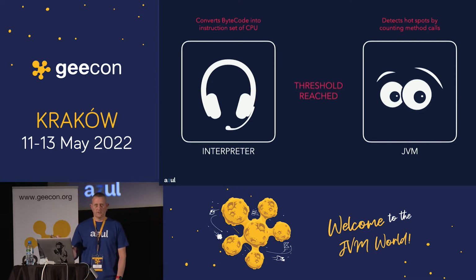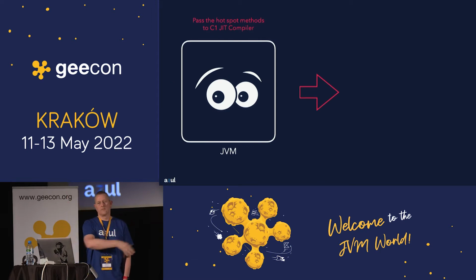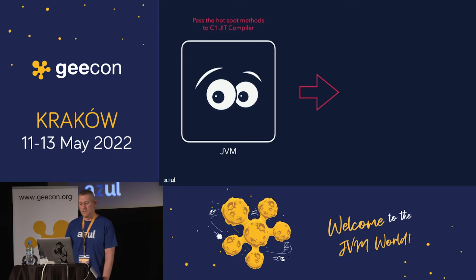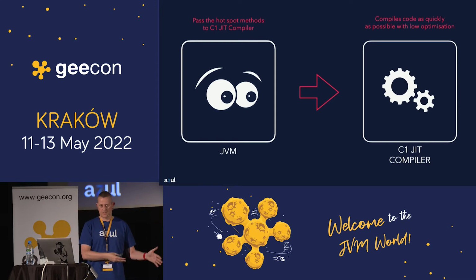And the HotSpot JVM is counting method calls during this run of the code, and it detects so-called hotspots, which is the reason for the name of the HotSpot JVM. Then it takes these hot methods and passes them to the C1 compiler, which compiles the code as quickly as possible without a lot of optimizations. Here the goal is really to create compiled code as fast as possible.